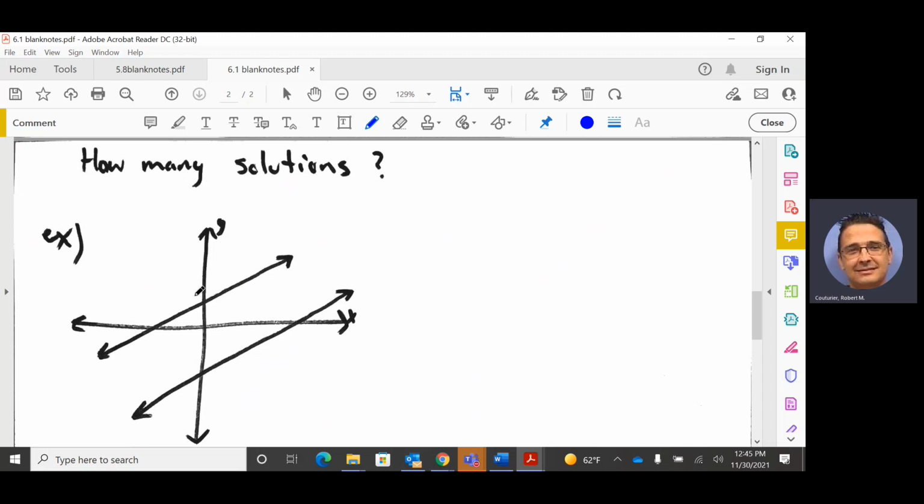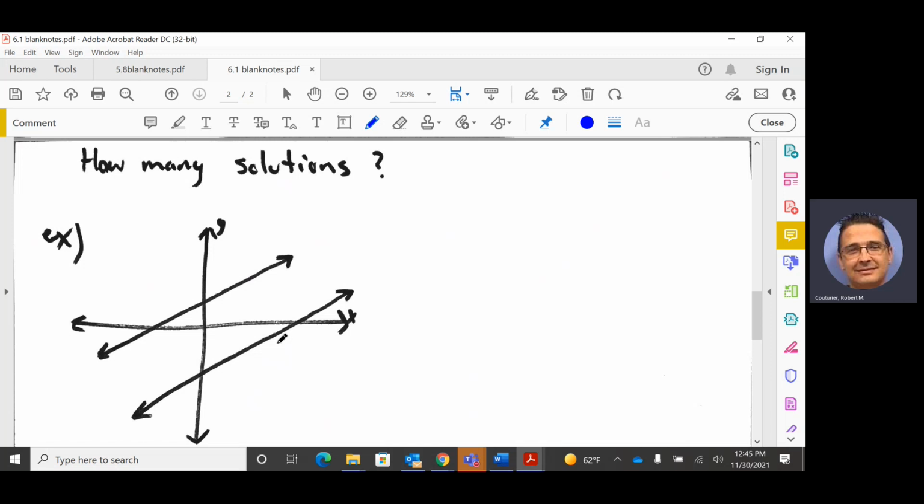What's going on with this? We have two lines that are parallel. Two parallel lines. Here's a system. Do parallel lines ever touch each other? Hopefully not, right? Think of interstate 95 going all the way from South Florida up to Maine.